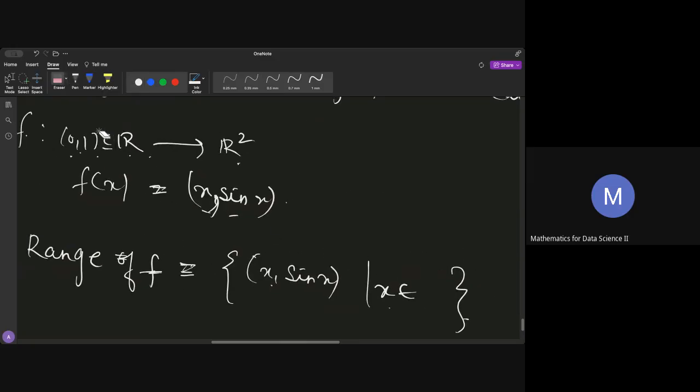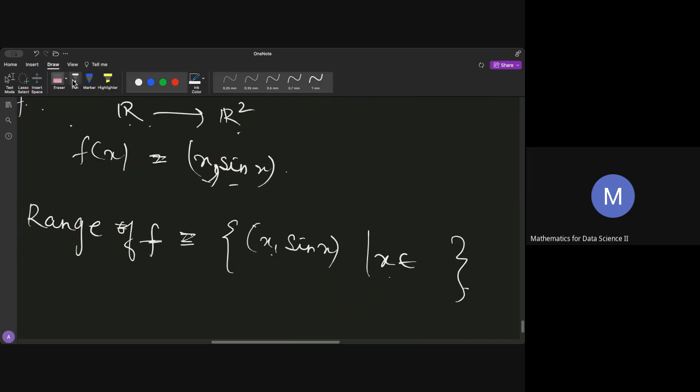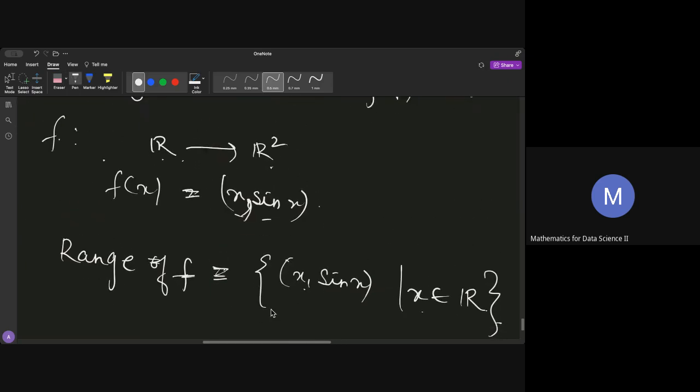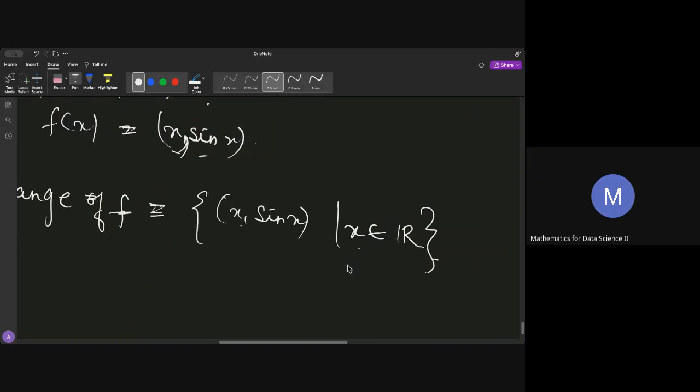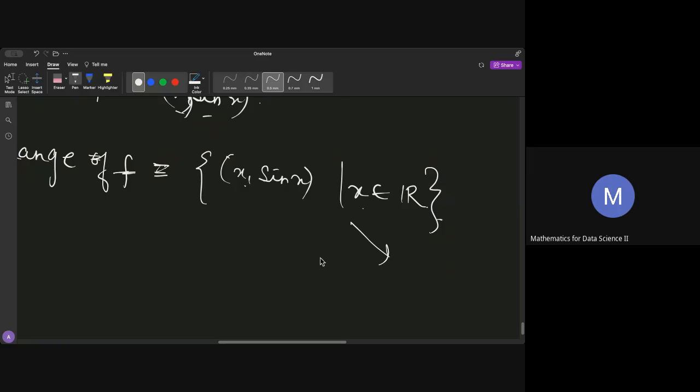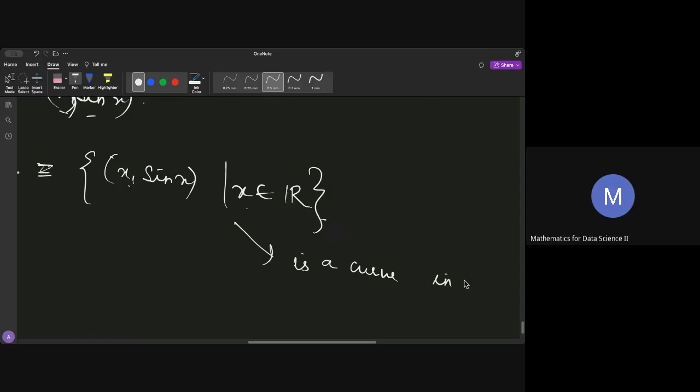This time, because we simply had R here, your x can come from R. That's the range of your function. So this thing is called a curve. This can represent a curve, or is a curve, in R2.